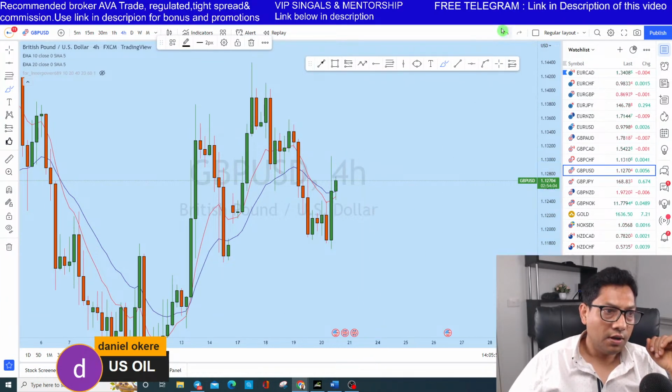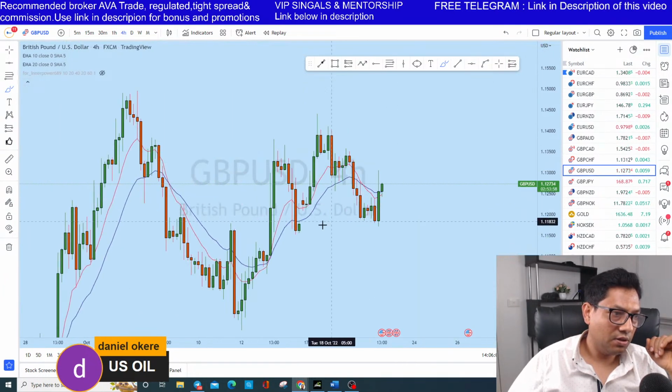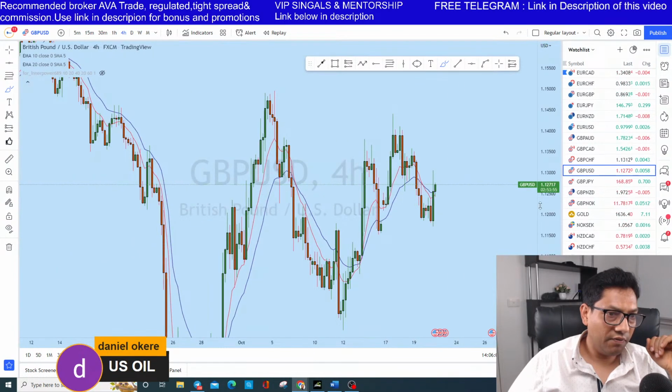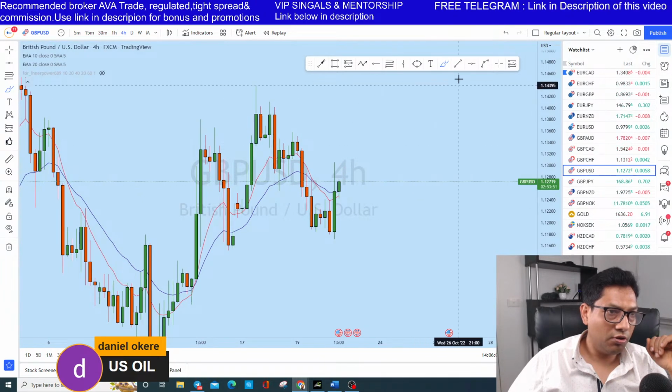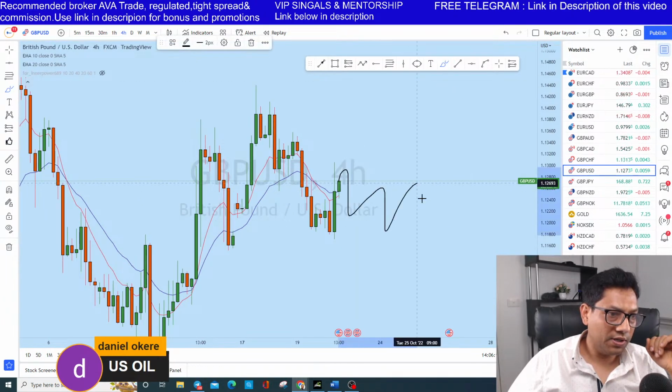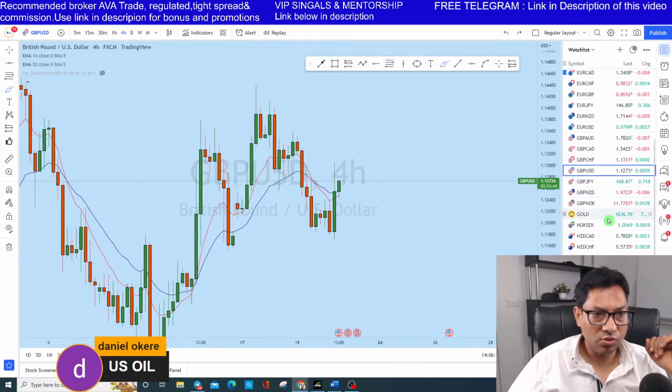It doesn't look to me like a reversal pattern or a bullish trend. Bullish price action is very, very clearly understood. For me, it's just a liquidity gap, or it will move sideways like that. I don't think that this price will drop.